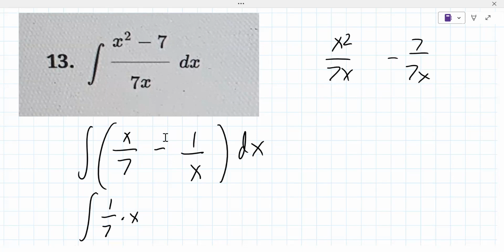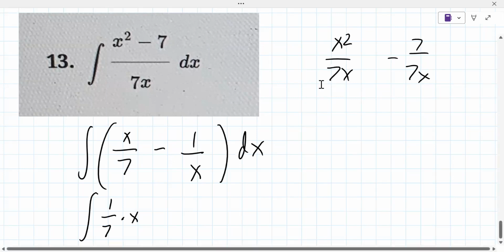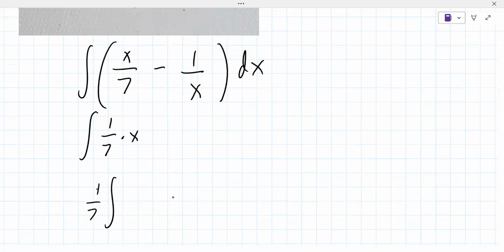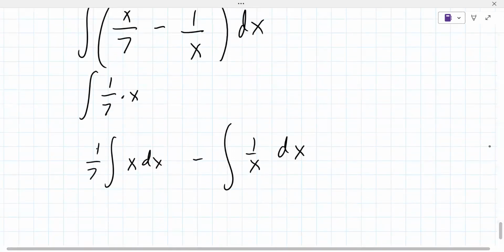All right, I'm back. How are you doing on this one? Okay, so we have to pull out the 1 over 7. I mean, you don't have to, you can just leave it in there. But yeah, x dx minus natural log of x.